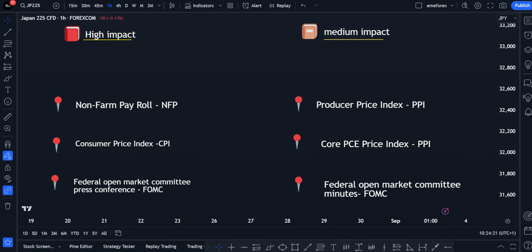Alright guys, so for the high impact news, this is the number one mover here. Non-farm payroll, very popular news release, and is the most look out for news every single trader out there is looking out for. Now the non-farm payroll has to do with the announcement around figures for employment change in the United States of America.